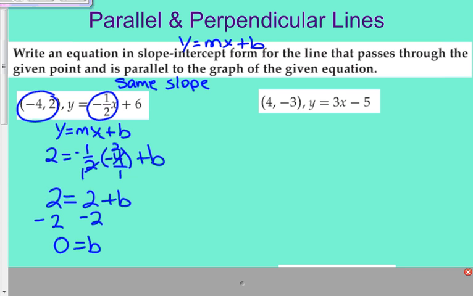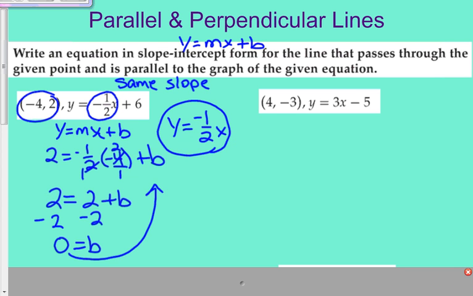So we're going to take that 0 and plug it right back in here for b. So now our answer is y equals -1/2 x. And we don't have to say plus 0 because there is no b. This is an equation that goes through this point, -4, 2, but it's parallel to the given line they give us because the slopes match exactly.